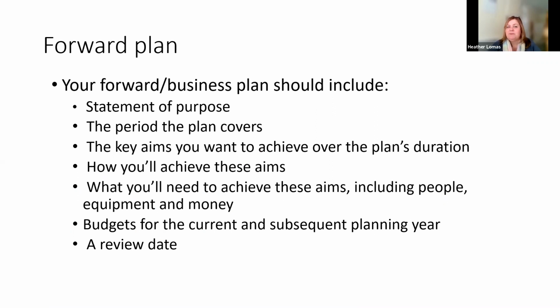So some information about resources. So that will be people, equipment, money, budgets for the current and subsequent planning year. So Arts Council can see that it's linked directly to it so that you've got budgets to support the activity and a review date.